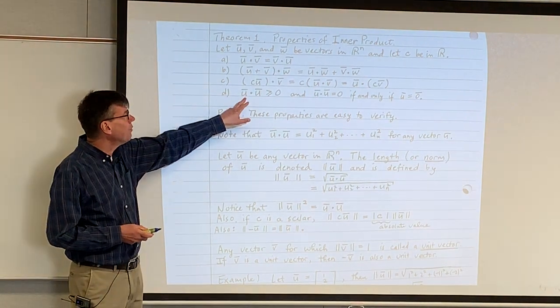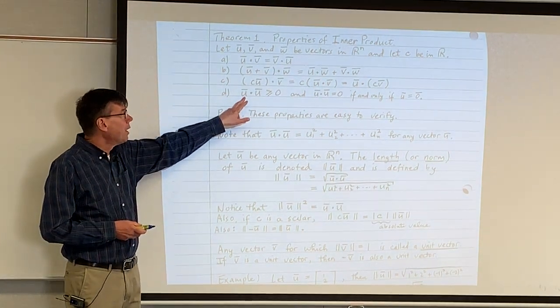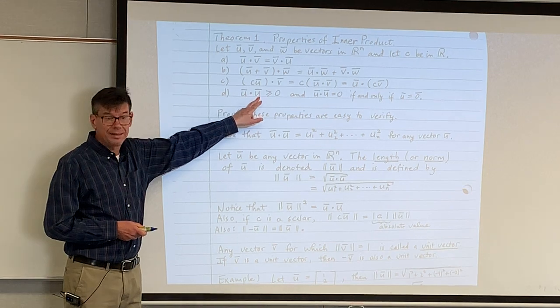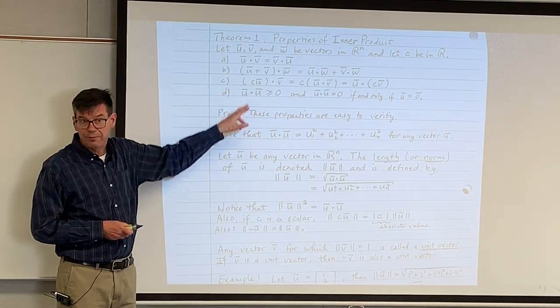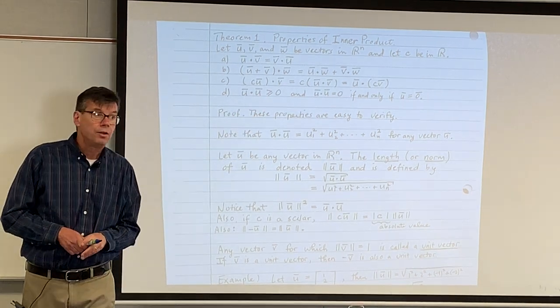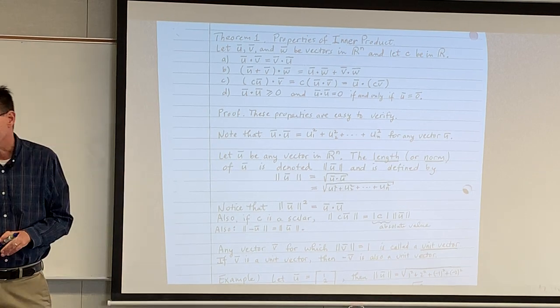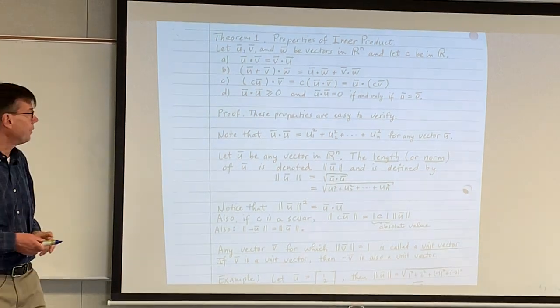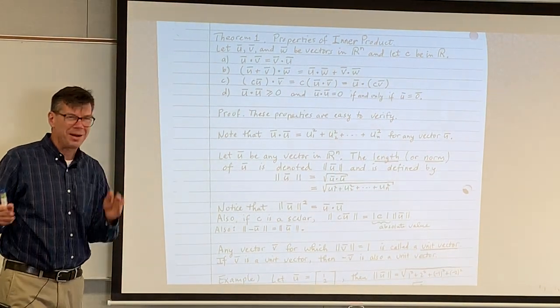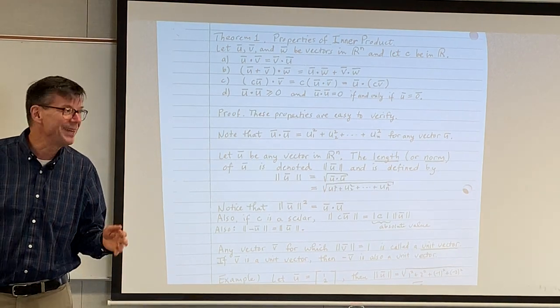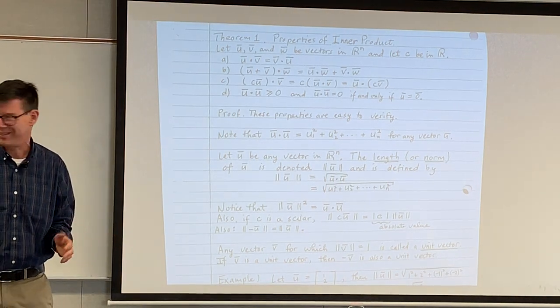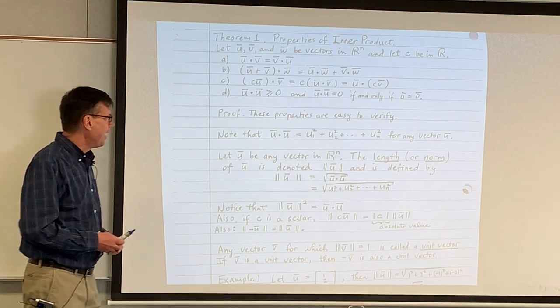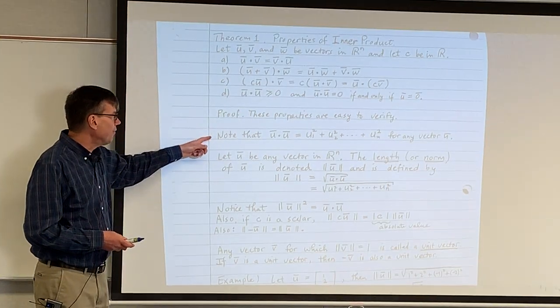So here we're looking at a very particular instance of U dotted with itself, okay? When you dot a vector with itself, you always get a positive number, or you can get 0 if it's the 0 vector. But the dot product of two different vectors can definitely come out to be negative. It often does. And these properties are easy to verify.